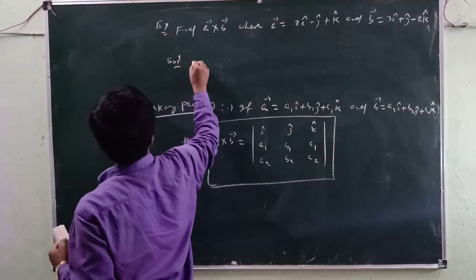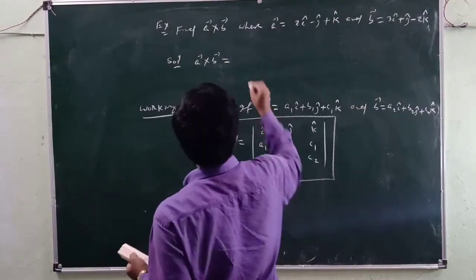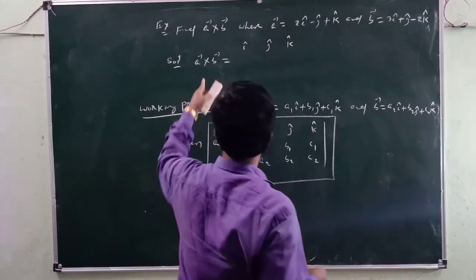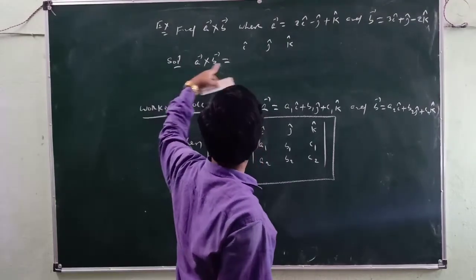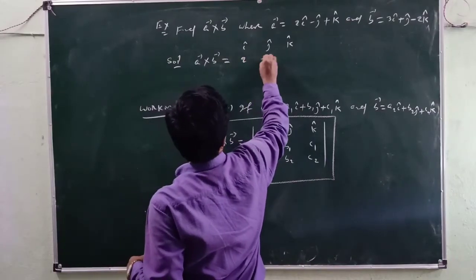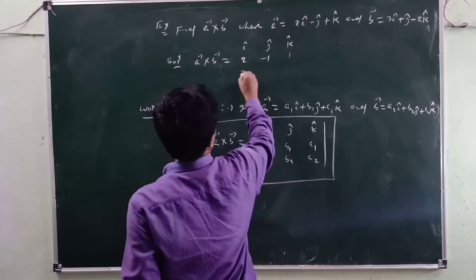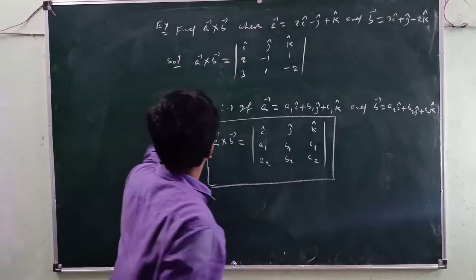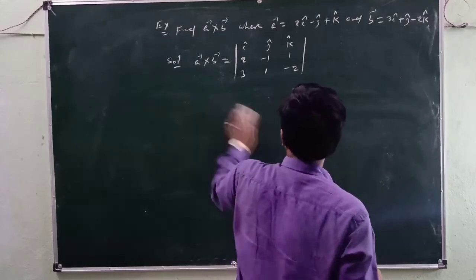In the solution, A cross B will be i cap, j cap, k cap. Then look at the coefficients, that is the scalar components of A vector: these are 2, minus 1, 1. Again scalar components of B will be 3, 1, minus 2. Then write its determinant and evaluate it.